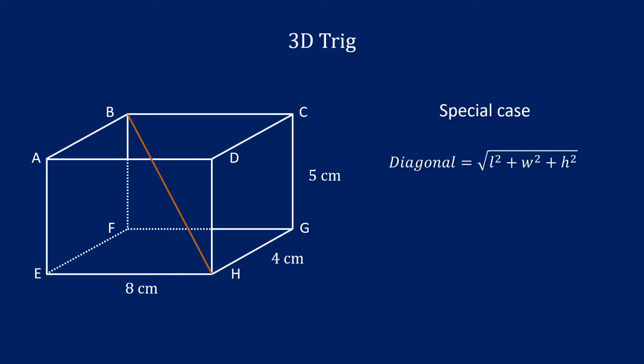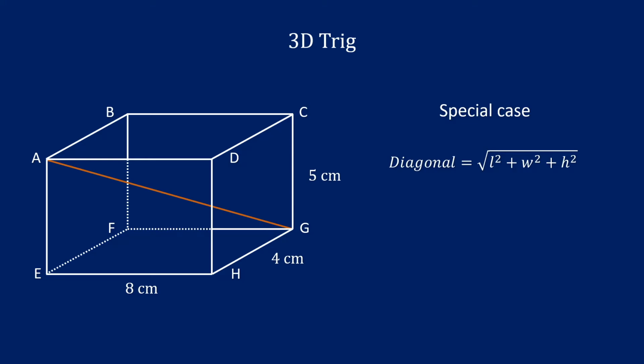So either you're trying to find BH in this case, or you're trying to find CE, or you're trying to find DF, or you're trying to find AG. Do not, under any circumstance, use this formula to find any other sides. It has to be a diagonal.